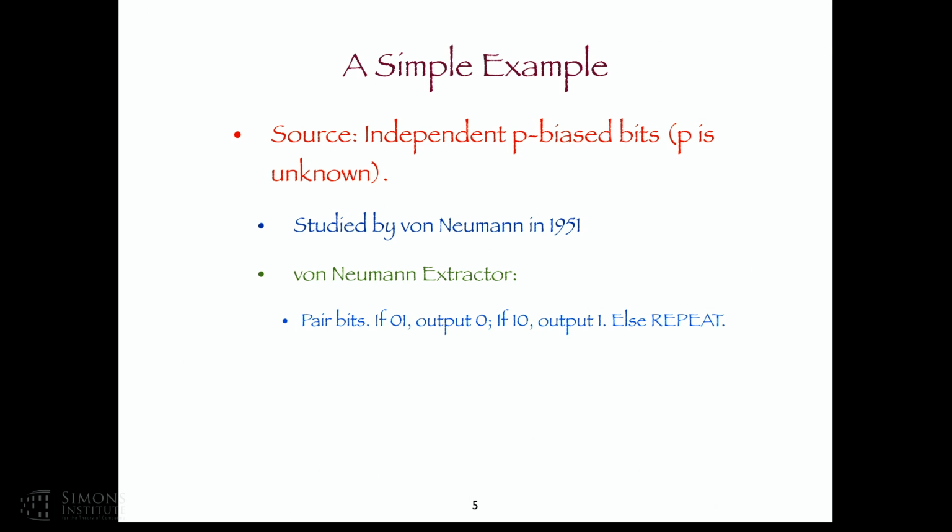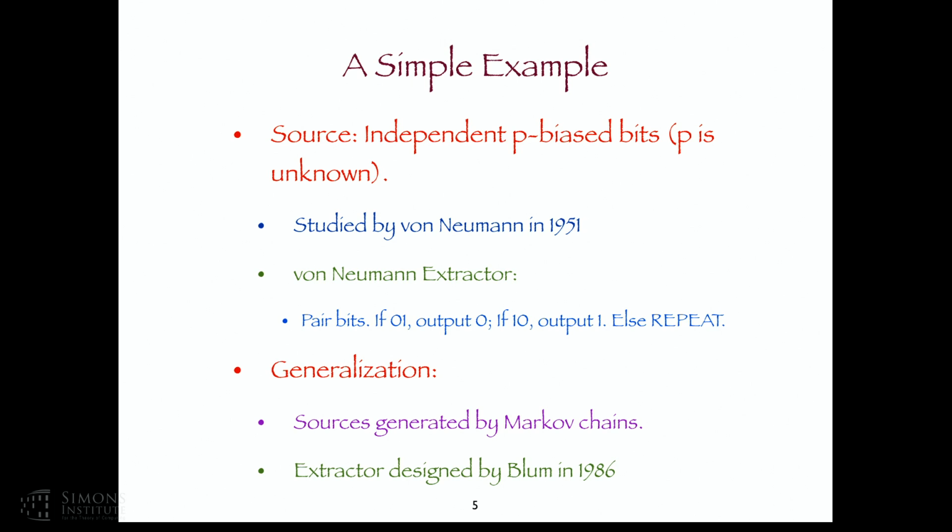If it's 1, 0, you output 1, else you repeat. It's fairly easy to show that he'll produce almost uniform bits using this procedure. Many generalizations have been considered. One specific example is sources generated by constant size Markov chains. Blum gave various results on such extractors.